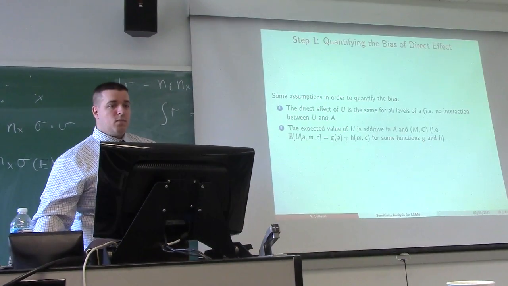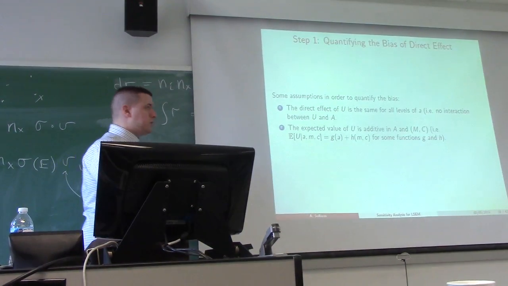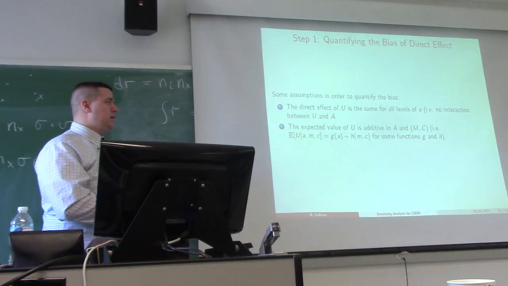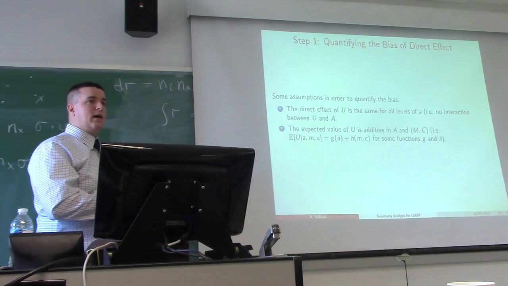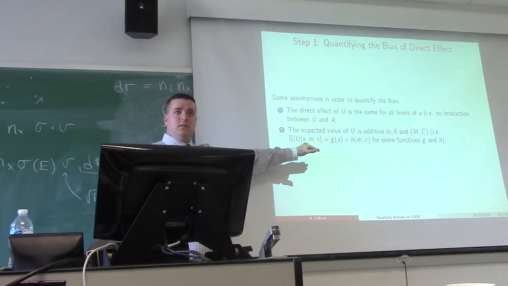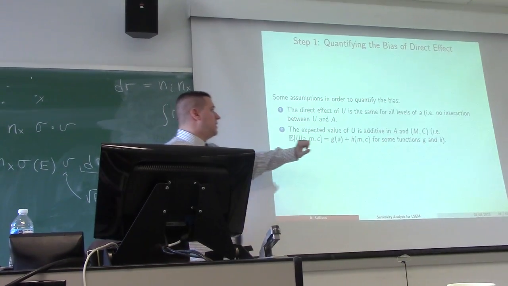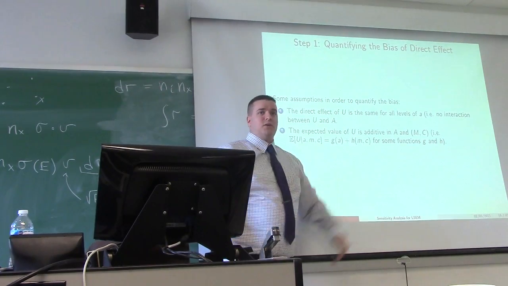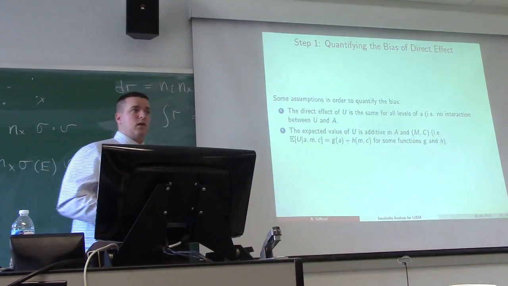Okay. And then I need that the expected value of this unmeasured confounder is additive in A and M and C. And so what that means is I need that I can find the expectation for this unmeasured confounder as some function of the exposure values plus some other function of the mediator and the covariates.